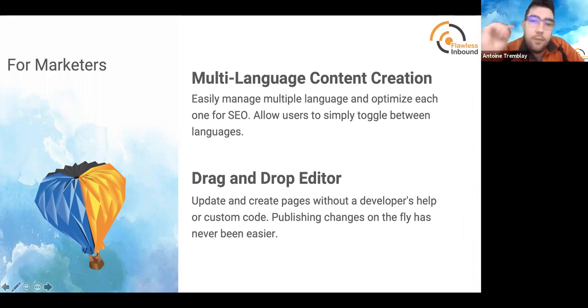You just have one page and you can easily switch between the variations with a simple toggle. And then the drag and drop editor, I think, was showcased a little bit in the GIF, but it's the tool that allows you to grab a container, a section, or a module and just move it, add some padding, change the background of a section, all of that fun stuff, just simple and fast.